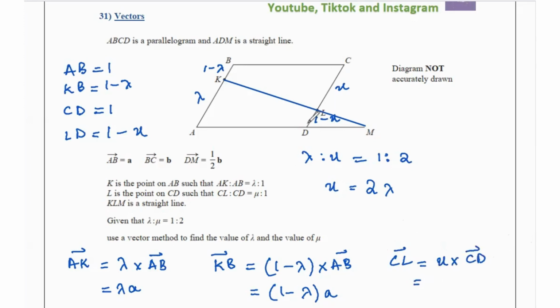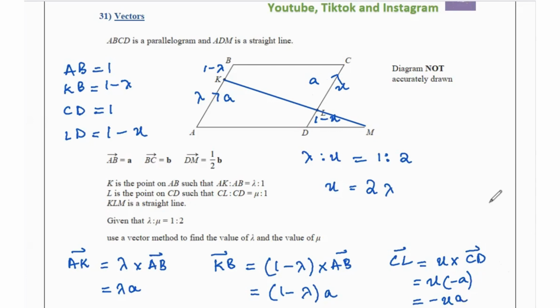Now, CD, if AB is A, DC is going to be also A. So if we change the direction, that means it's going to be negative A. So that's negative mu A.